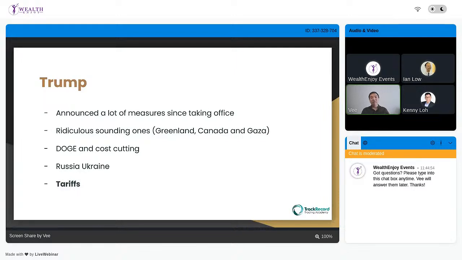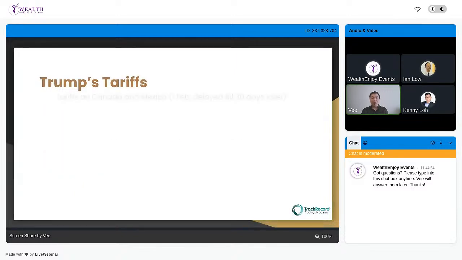And the key word that's been most impactful on the market is tariffs, right? How has it been affecting the market? He's threatened tariffs on Canada and Mexico. They were supposed to be executed in a matter of days when he announced it, then delayed 30 days at the last minute, because Canada and Mexico gave in to some of his demands, like controlling the border, controlling the flow of drugs into the US, controlling the flow of immigrants into the US.